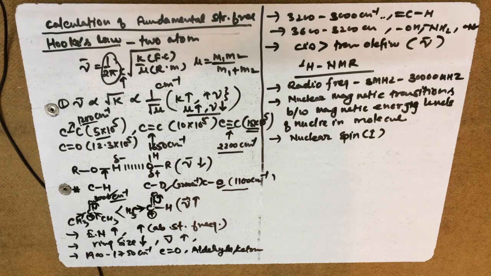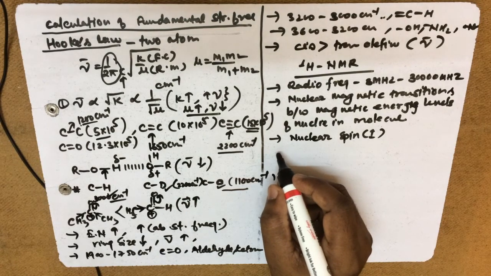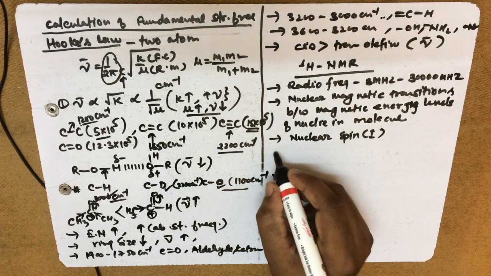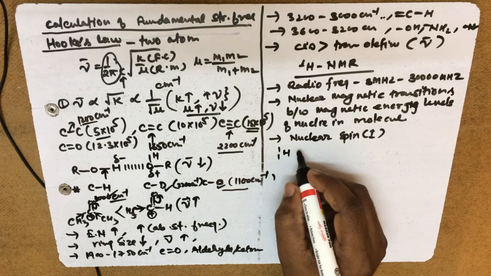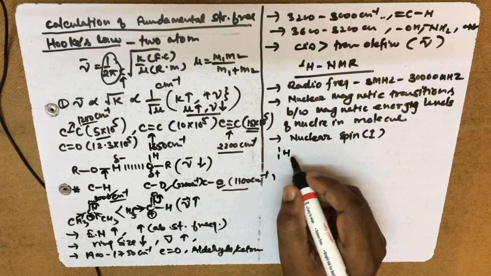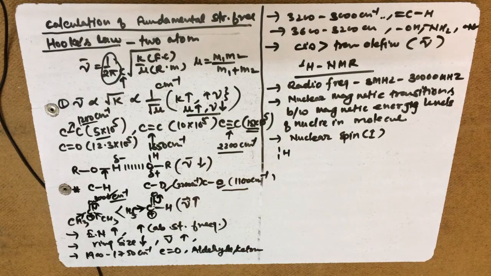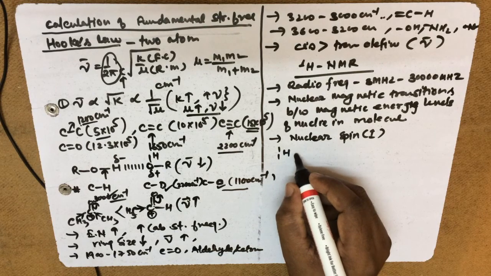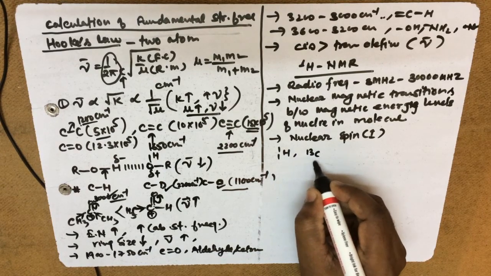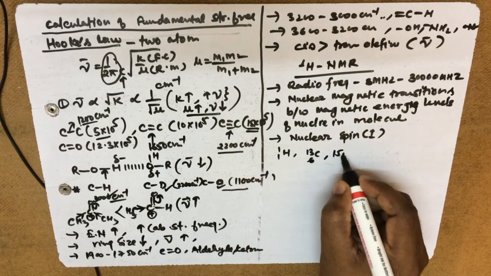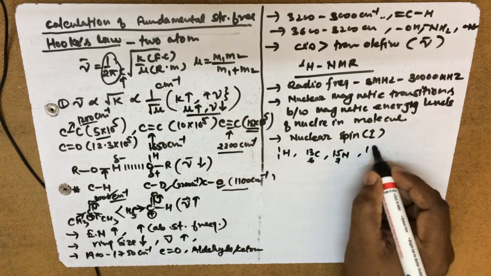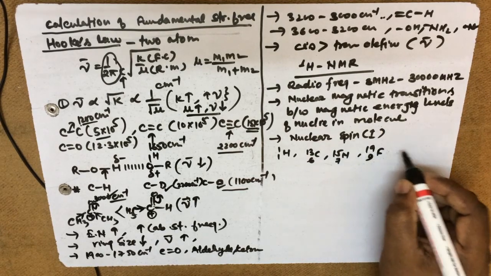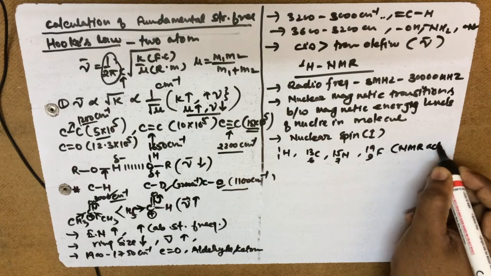So if your atoms like 1H, meaning odd atomic mass, then it will be NMR active, like 13C, 15N, and 19F. Okay, so these are NMR active.